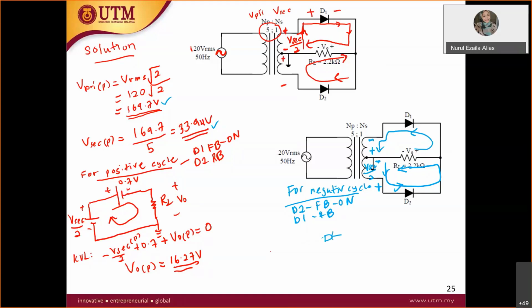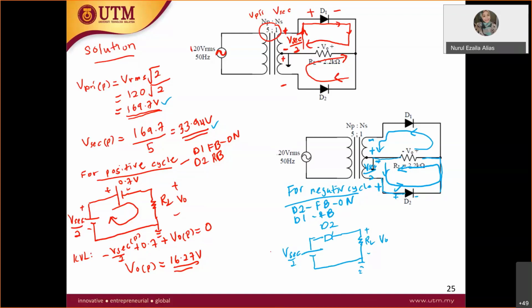So this is D2, plus D2, minus D2. Minus D2 goes to plus RL. So this is your RL, V out. Of course, the negative of RL will go to ground. And then your positive D2 goes to positive V secondary over 2, and negative goes to ground. So this is the equivalent circuit.